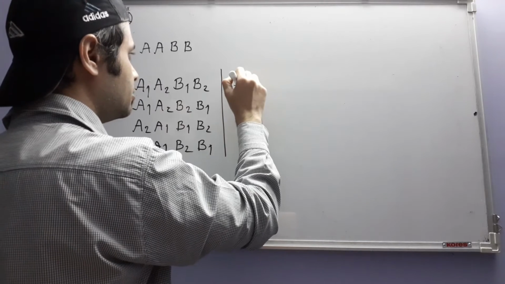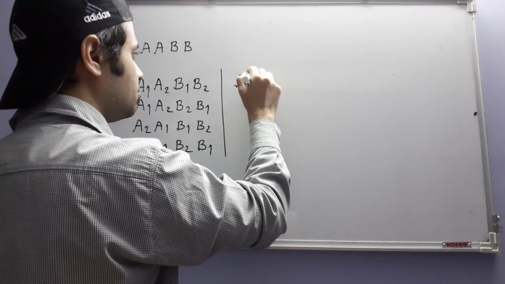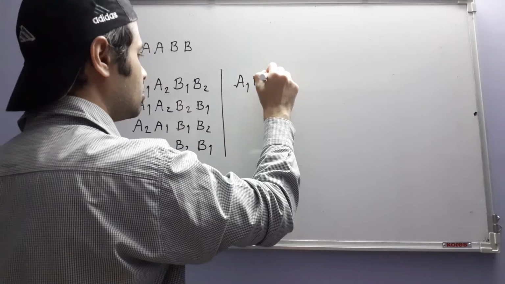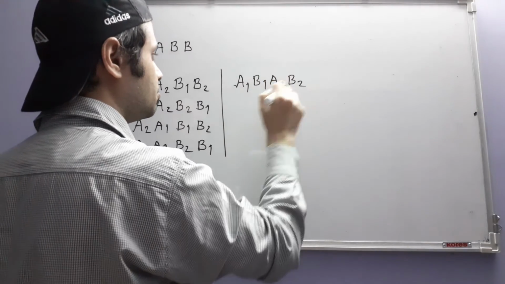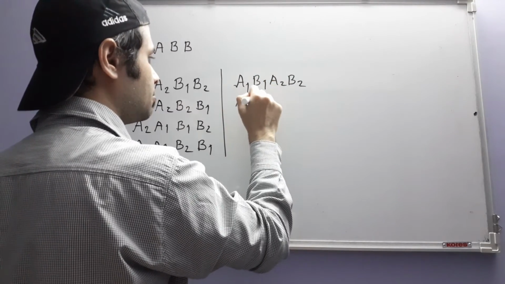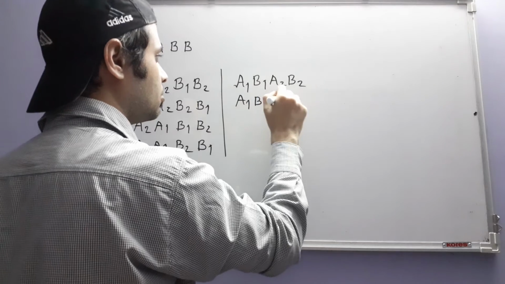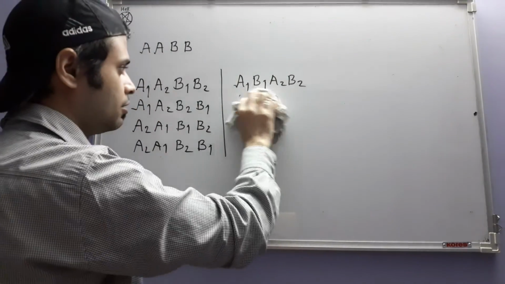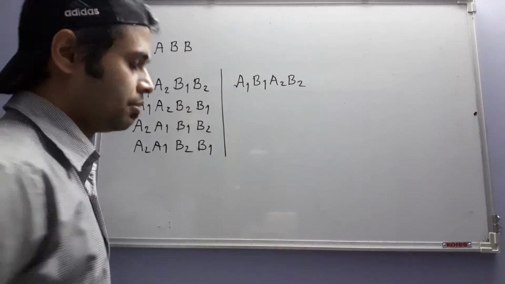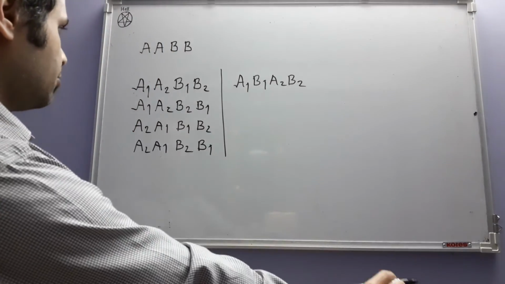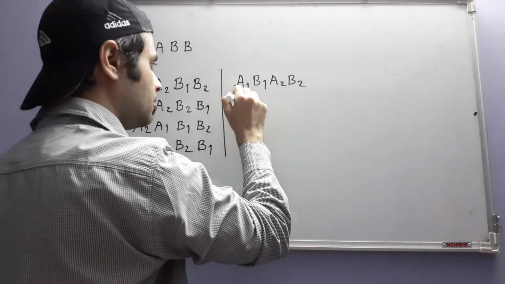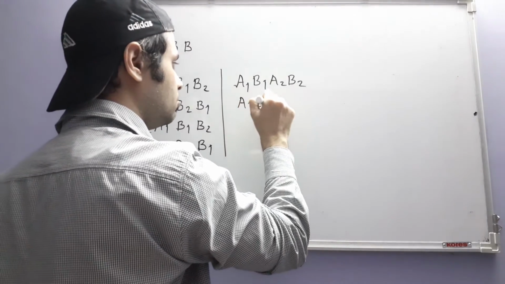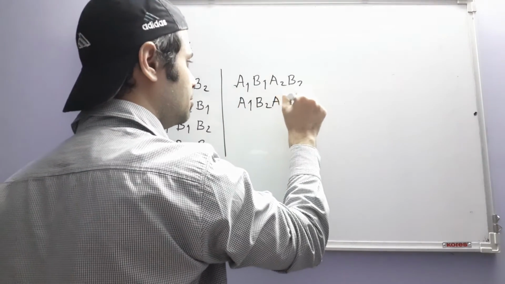I can write like this: A1, B1, A2, B2. Then I can write A1, B2, A2, B1.